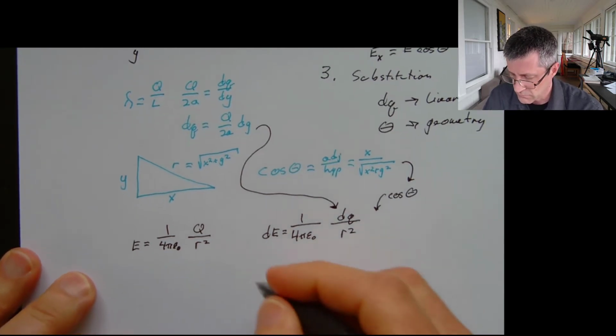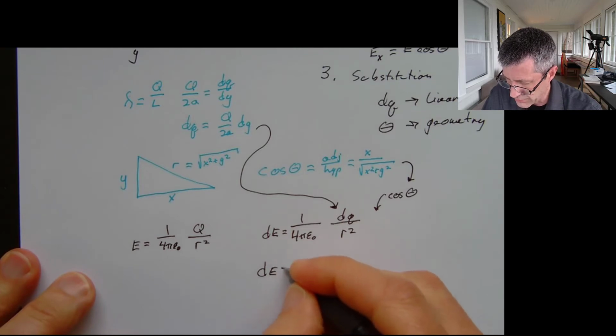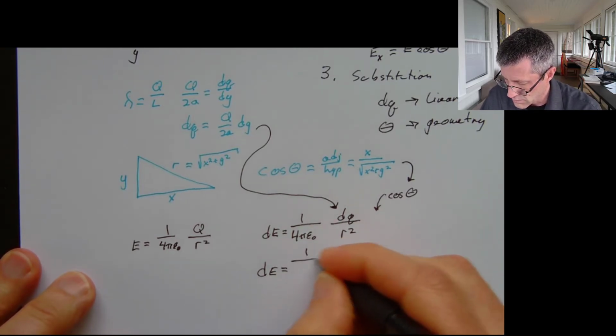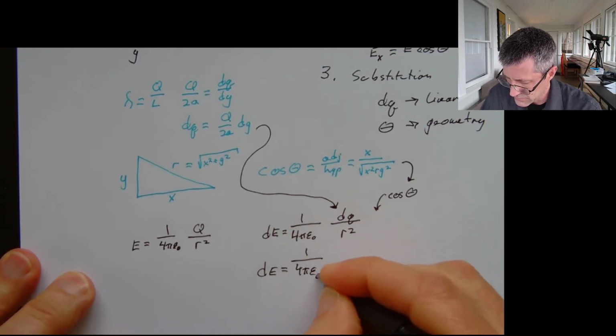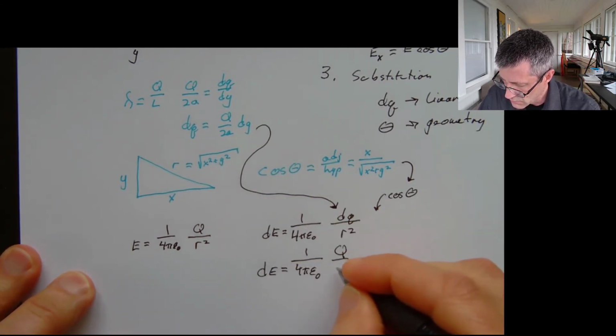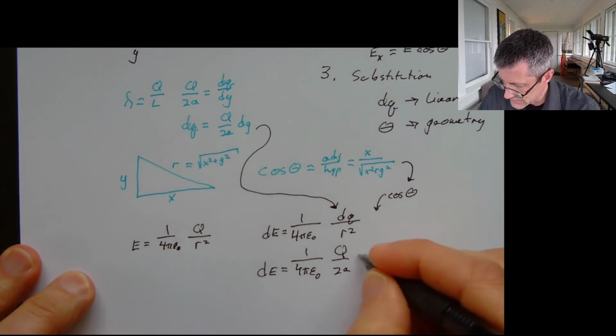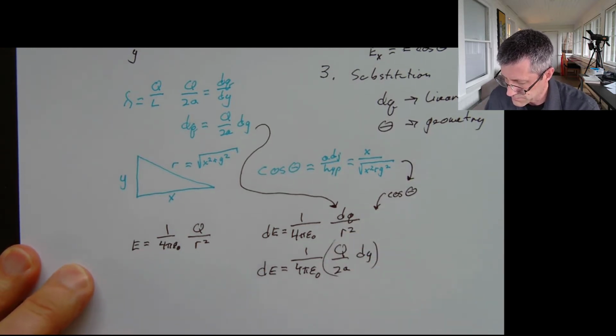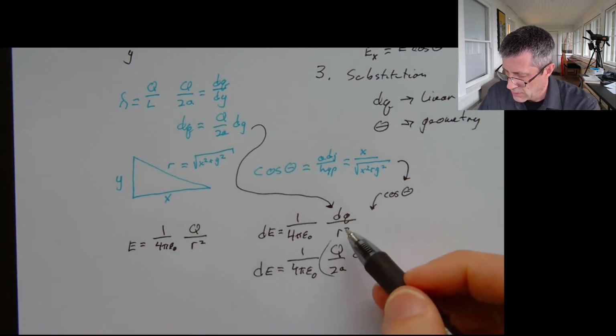So let me write the small amount of electrical field. It's going to be 1 over 4 pi epsilon naught, times dq, which is q over 2a times dy, times 1 over r squared.